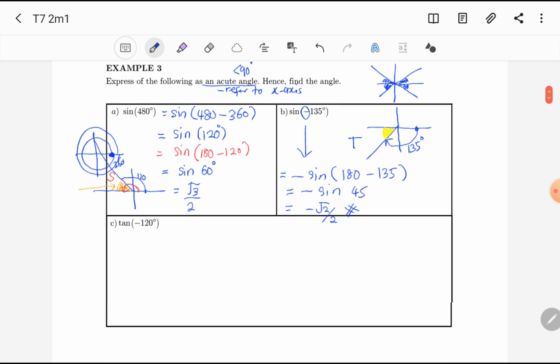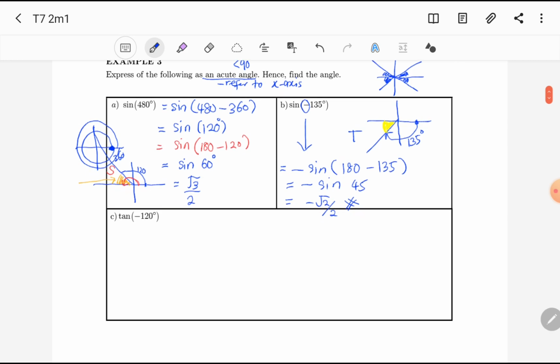Okay, siap. Next, tangent negative 120. Okay, so kita lukis dulu. Negative means we go down. Okay, we go down. Okay, jumpa dekat mana ni? Third quadrant. Okay, mana acute angle kita? Ni, yang kecil tu. Okay, yang kecil yang rapat dengan paksi X. Itu acute angle.